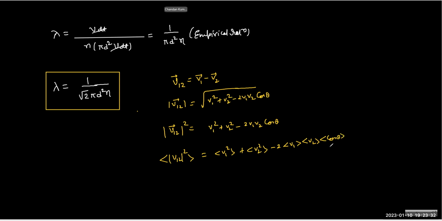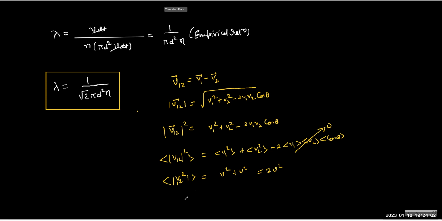Because of the randomness, the cos theta will always give you zero on average, isn't it? Yes, because if you integrate from 0 to 2 pi, in two-dimensional view, it is always 0. So this term always gives you 0. So what you are getting is only the first two terms. And because every term is equal on average, this is also V square, this is also V square. So the average of relative velocity square is basically 2V square, right?